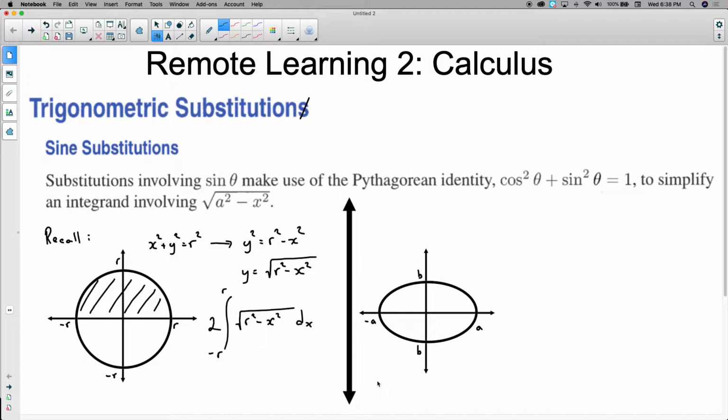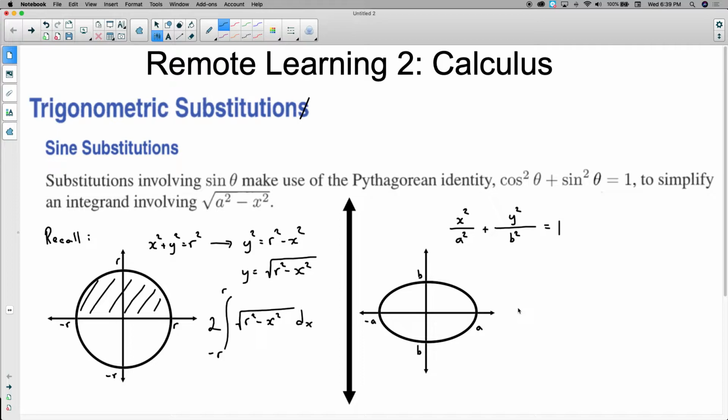All right, and then the ellipse formula is x squared over this length, which is a squared, plus y squared over this length squared, and then it always equals 1. Okay, so that is the formula for an ellipse.